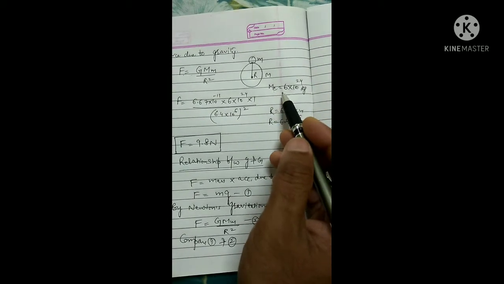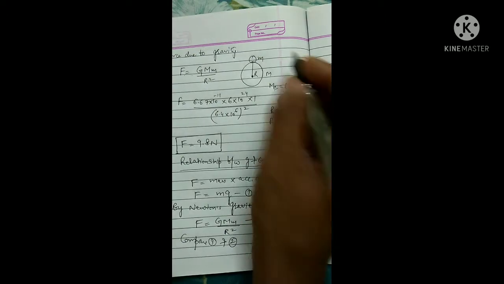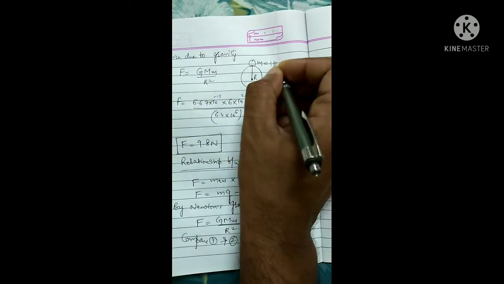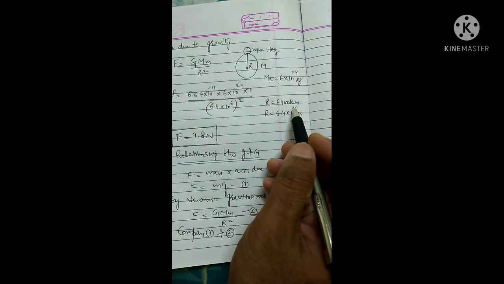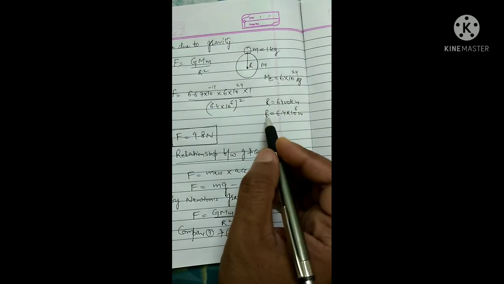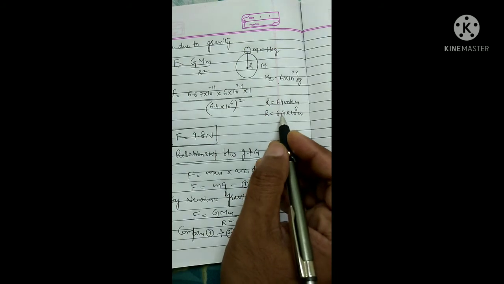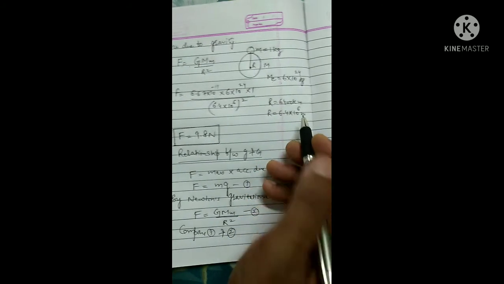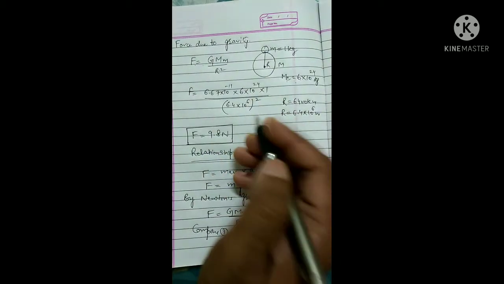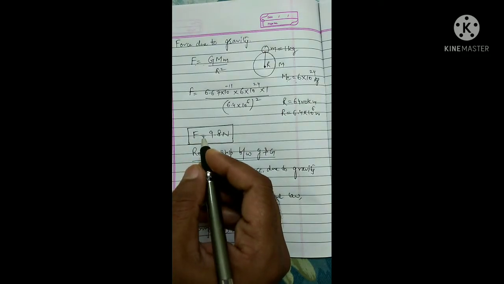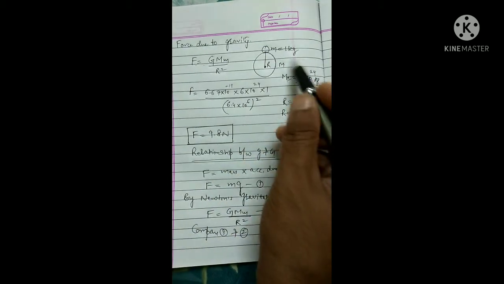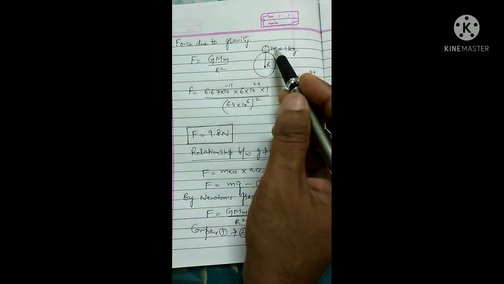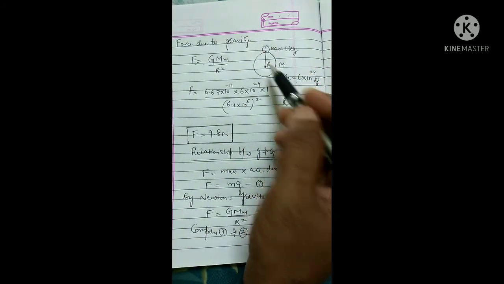Mass of Earth is nearly 6 into 10 to the power 24 kg, and small m is equal to 1 kg. Radius of Earth is approximately 6400 kilometer, which we can convert into meter, that is 6.4 into 10 to the power 6 meter. By substituting the values, the force of gravitation is equal to 9.8 Newton, which is equal to the weight of the body acting on the surface of Earth.